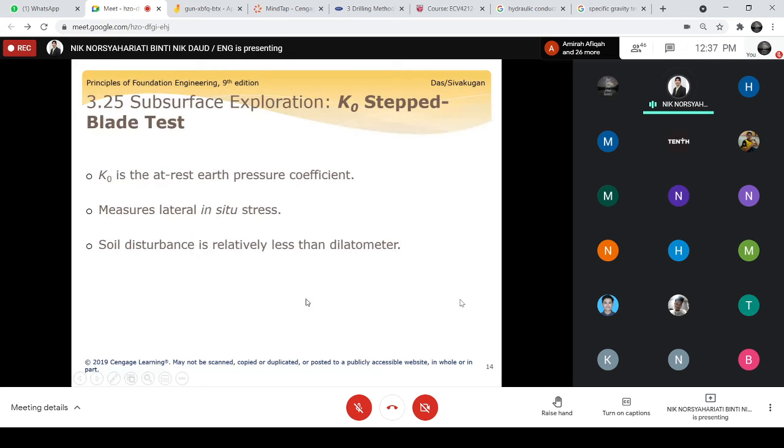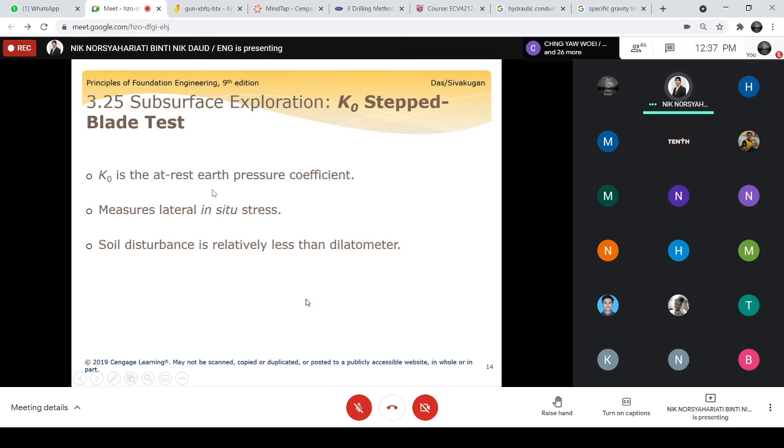Okay? Then the next one, we have the K-naught step blade test. K-naught, if you still remember from your soil mechanics, is the coefficient of earth pressure at rest.